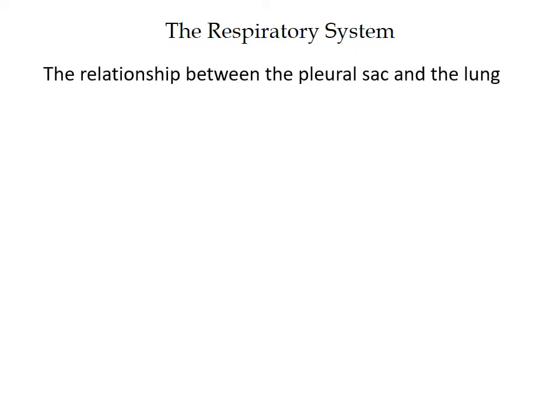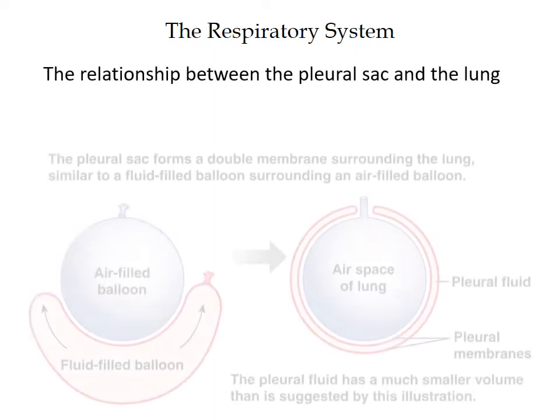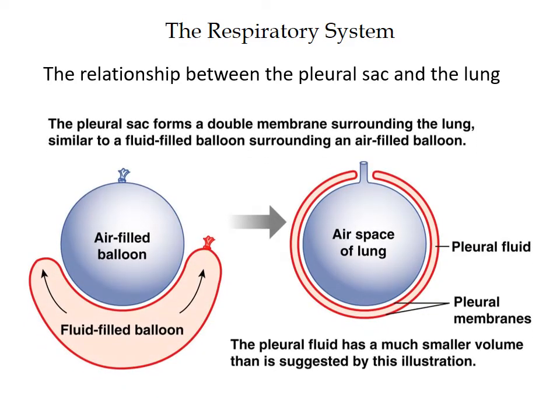Now we'll see the relationship between the pleural sac and the lung. I have already explained in the previous picture that the pleural space is between the visceral layer and the parietal layer. You can see an example given with an air-filled balloon, which represents the alveoli, and this represents the pleura.